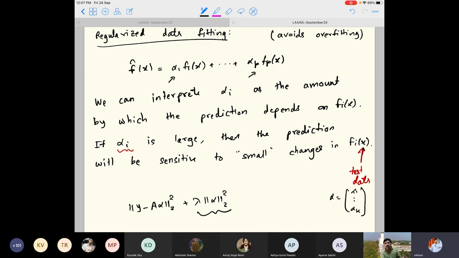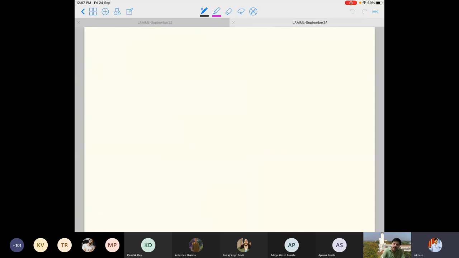Those who have done a ridge regression course will immediately recognize that that's what I'm doing. Those who have not seen regression, please don't worry about it, because now you understand it, and when you do a regression course after this, you will connect it the other way around. But those who have already done regression, I'll just write down in regression notation what they have done.